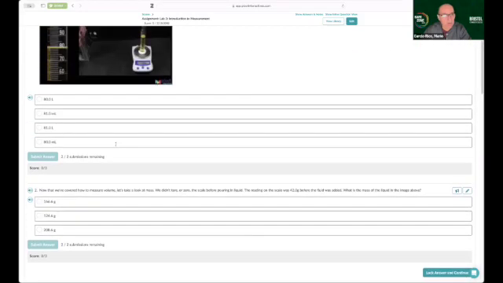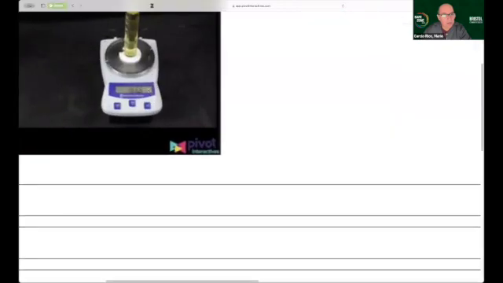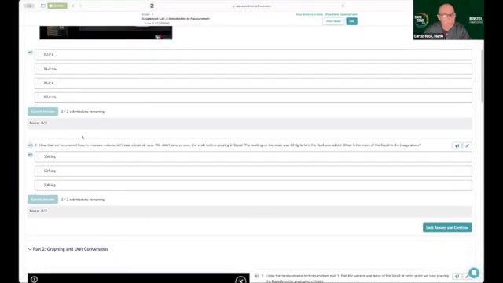You need to take a look at the image, realize that it is in fact 166.6, but in the explanation they tell you that the scale was not reset to 0, something called the tare of the scale. So the mass that you see there, 166.6, includes the weight of the cylinder. And they tell you here that the mass of the cylinder was 42 grams.